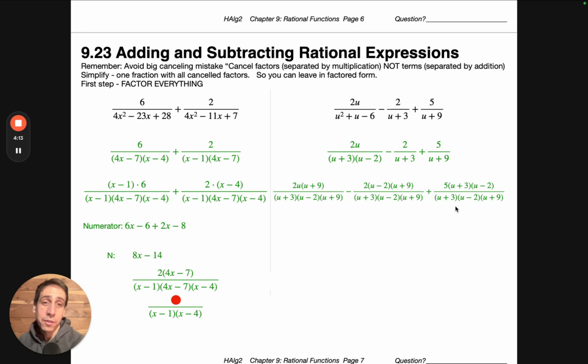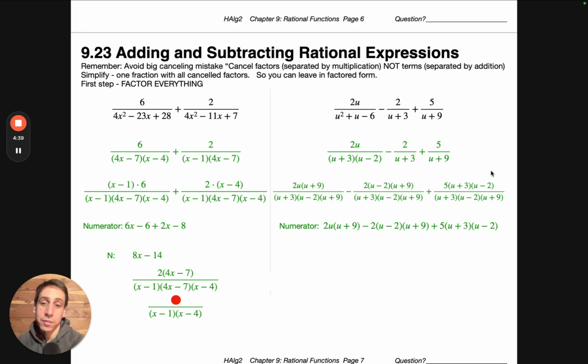Great. Now we got to go to town on that numerator. Again, I'm going to only write what's in the numerator for the next several steps because the denominator is big and doesn't change at all. So the numerator is going to be, after we combine all these things, this minus this plus this. All right, in order to simplify, we do have to distribute.